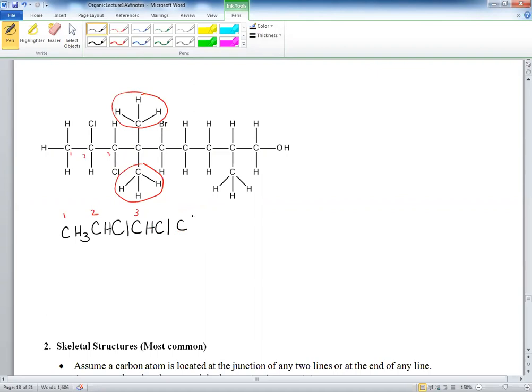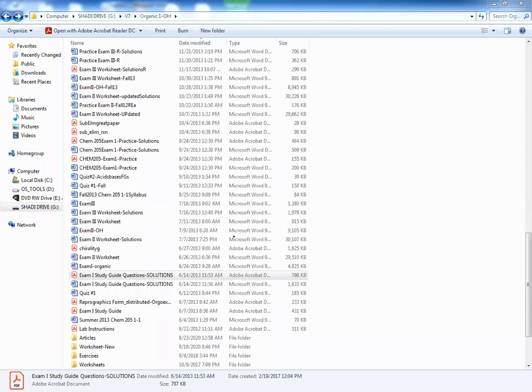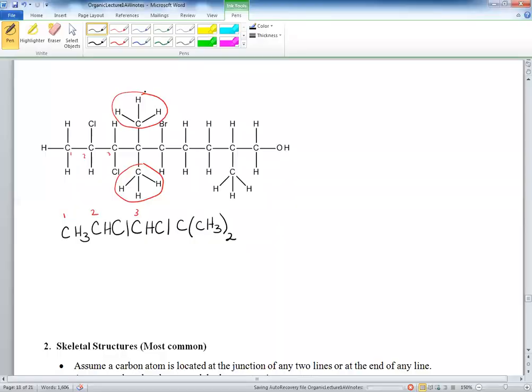You open parentheses, CH3, close it, 2. It's kind of like Gen Chem when you had to put the polyatomic in parentheses when you had more than one, and of course include the number afterwards. So again, this is why I said CH3, CH3, there's two of them and I put them in parentheses. So that's our number 4.